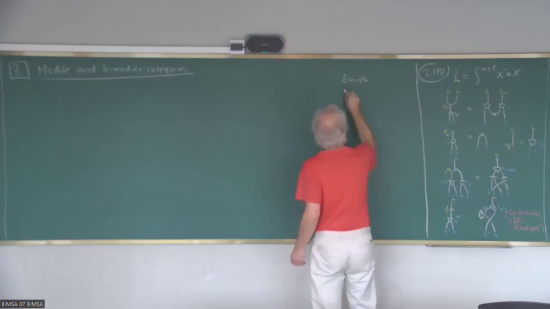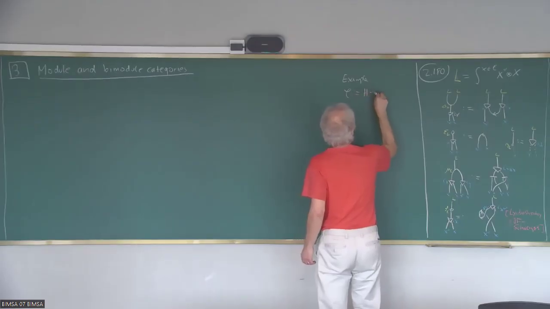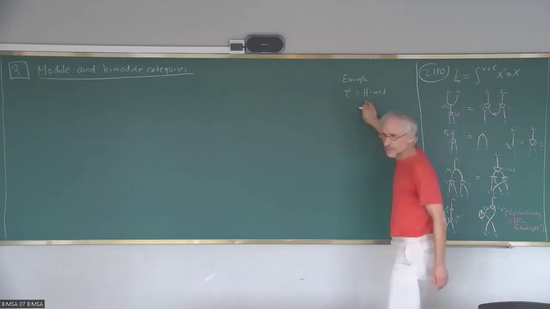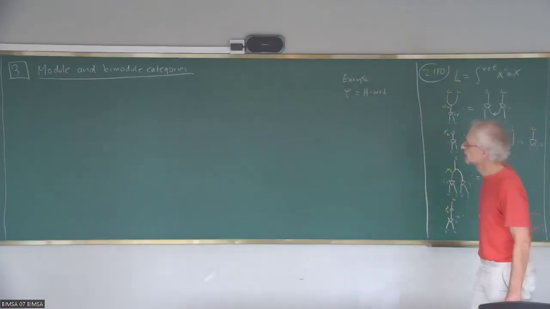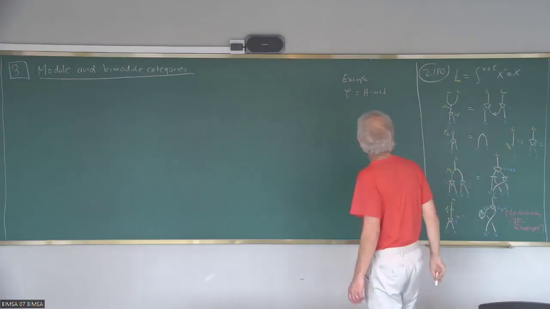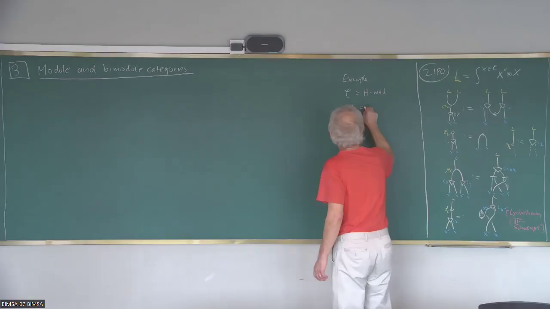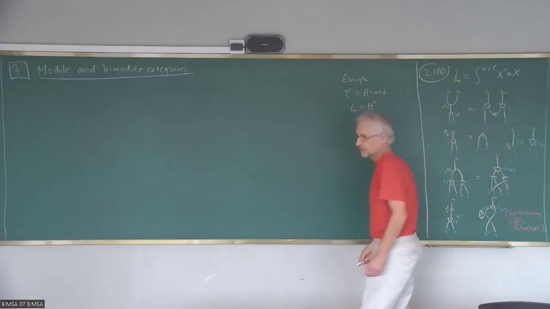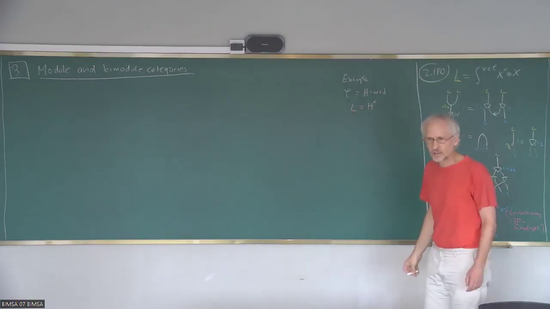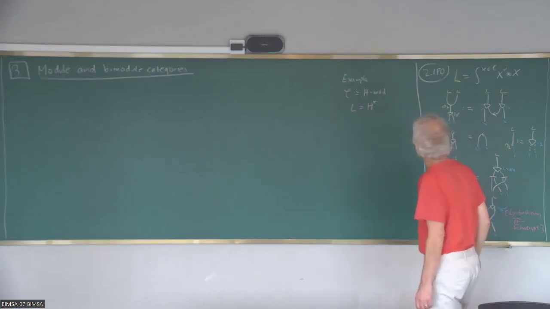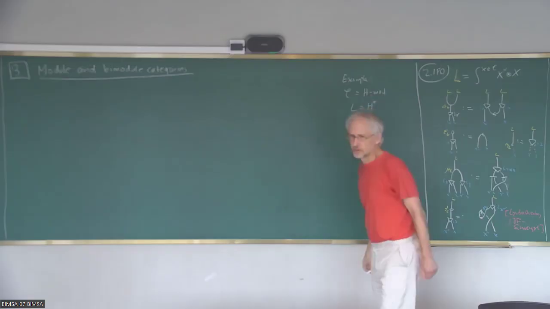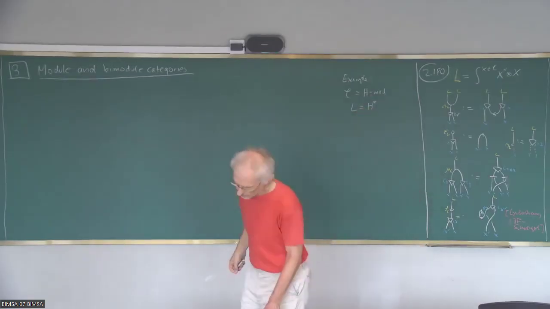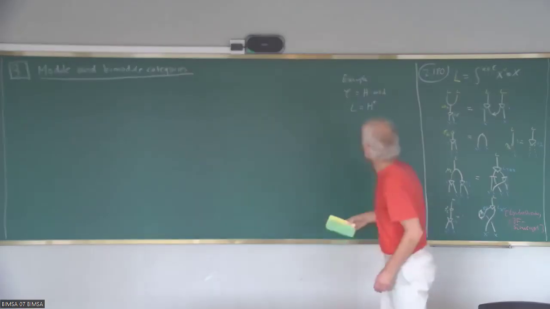if we take C equals H-mod, where H is a K-algebra with suitable properties such that all these things exist, then in fact L is as a vector space H star, and as a module it's what is called the coregular module.